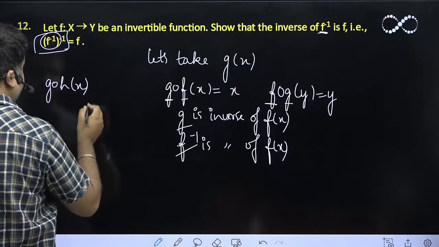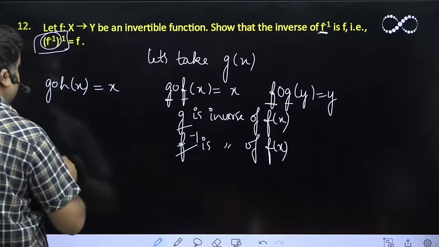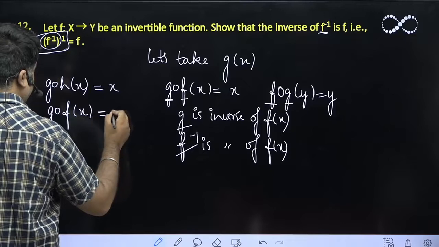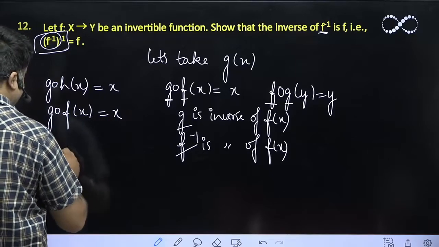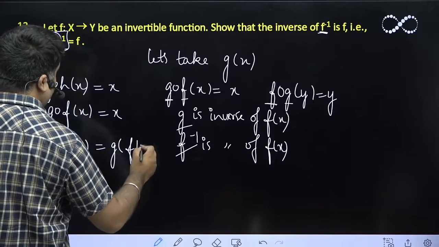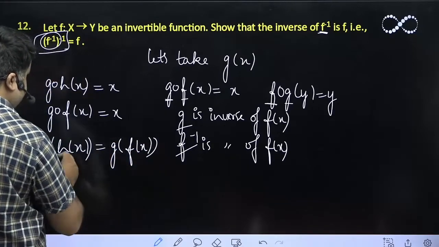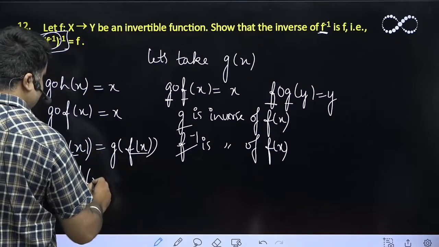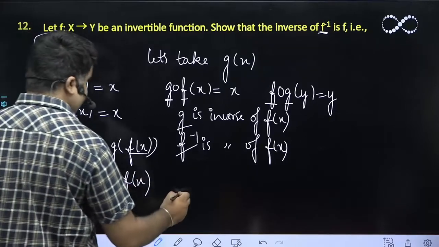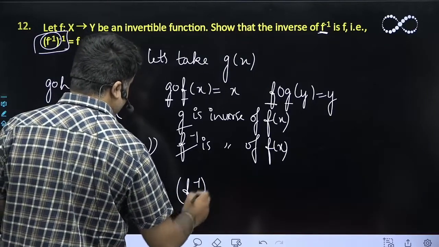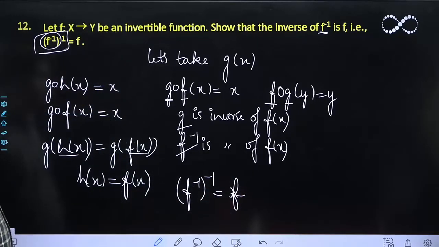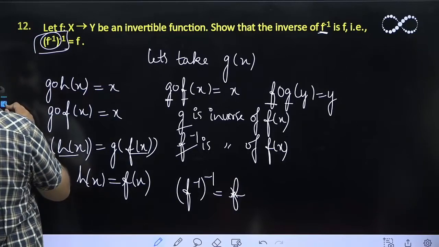Now g of h of x will also be equal to x, but we know that g of f of x is equal to x. Therefore, if g of h of x is equal to g of f of x, if these are both invertible functions, then h(x) is equal to f(x). Therefore, we get f inverse of inverse is equal to f. Right? So let's see the next problem now.